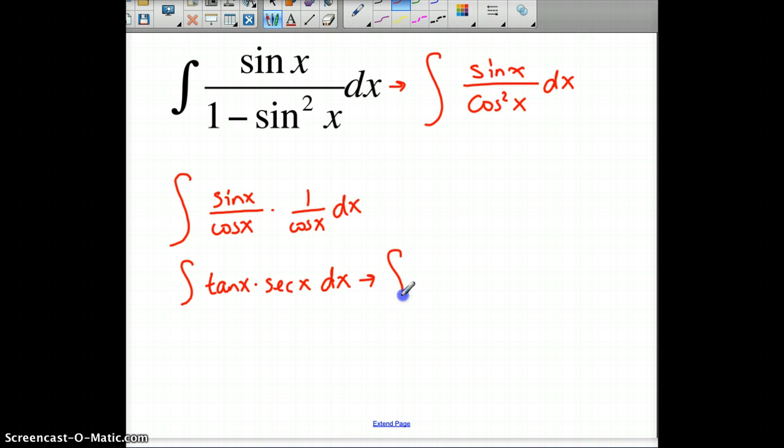Maybe you're more likely to recognize this if we write it in this order. Secant tangent. Remember, an integral is asking you, this is the derivative, what was the original function? And the original function was secant x plus c. Don't forget c. So that's our integral of sine x over 1 minus sine squared x.